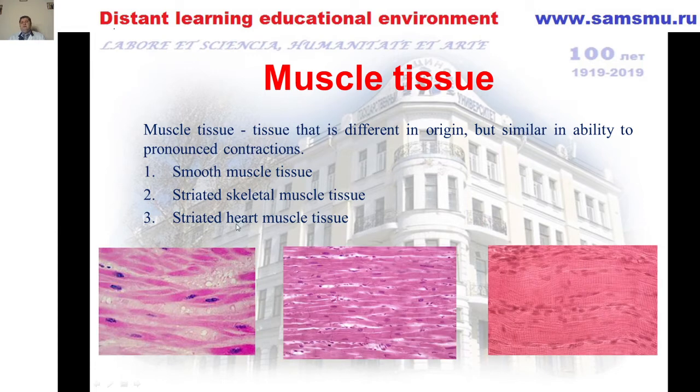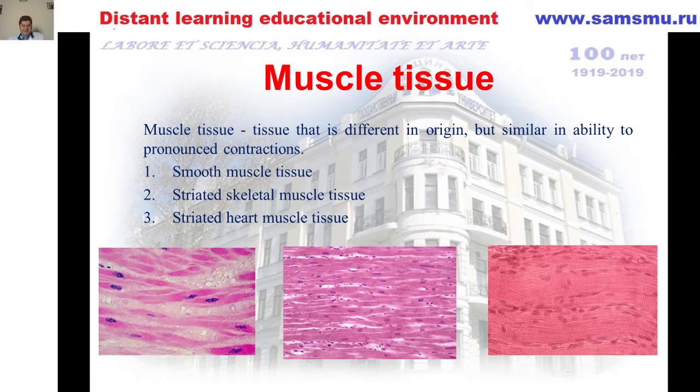All these kinds of muscle tissue you may see on this page. On the left picture you may see smooth muscle tissue. In the middle you may see cardiac muscle tissue, and on the right side you may see skeletal muscle tissue. More detailedly, muscle tissue will be studied in histology.